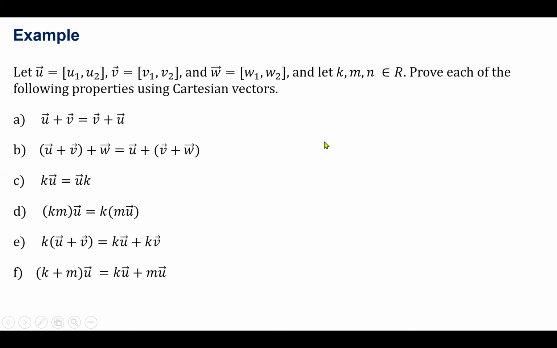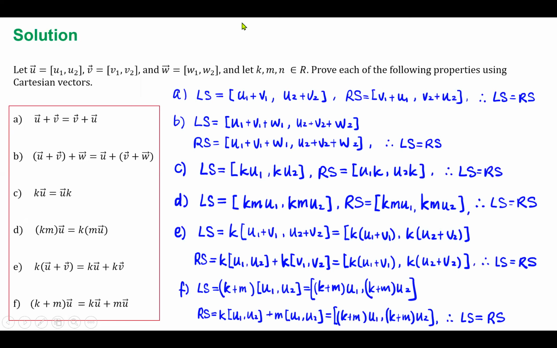All right, let's consider the solutions together. For the first property, note that the left side equals a vector with components u1 plus v1 and u2 plus v2, right? And the right side is a vector with components v1 plus u1 and v2 plus u2.